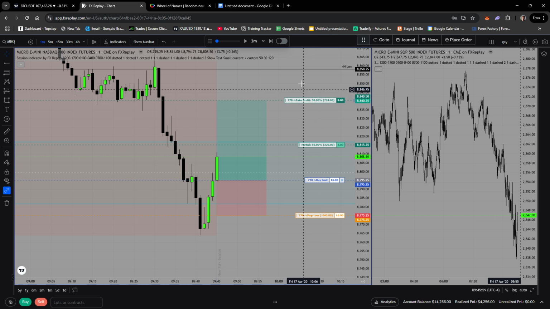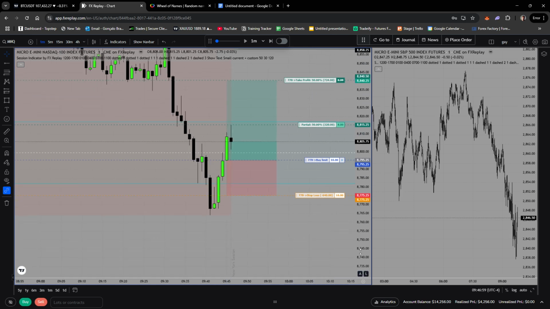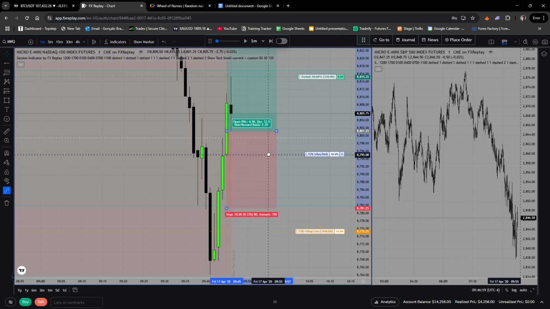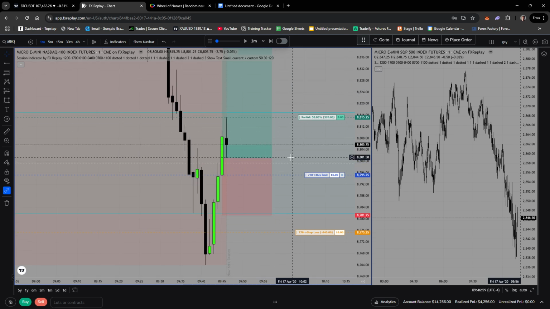Okay. I like it. Now I'm gonna move it to this. Reason for that, we still have a fair value gap that overlaps. I don't want to miss the position. We've also inversed a bearish gap, so we've now got a balanced price range.